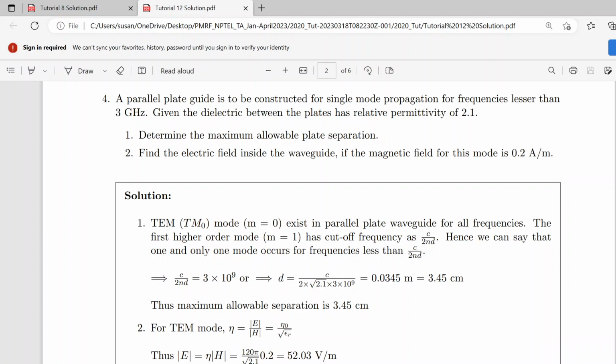So D is equal to V1, which is C, 3 into 10 power 8, divided by 2 into Fc root epsilon r. That is the distance between the plates being found, with root of 2.1 into Fc.